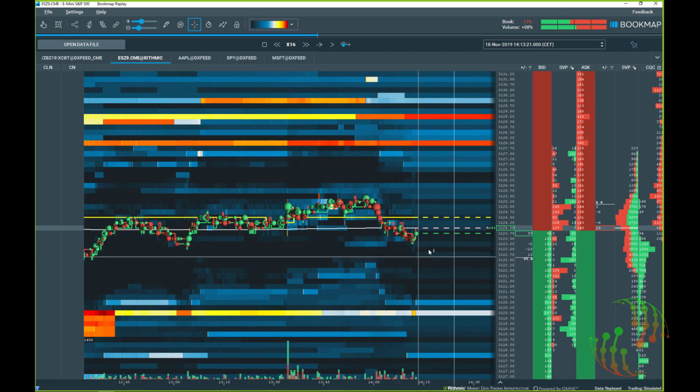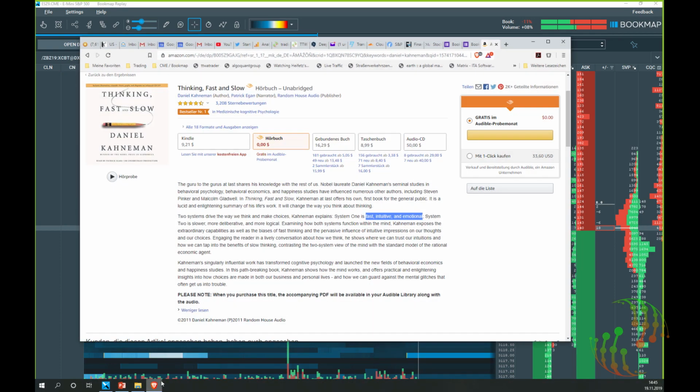So by that we have a signal line here, and once the price touches this line or this area, I have to sell because this is the signal. I have to sell. This is what Kahneman describes here. This is the System 1 in us and every human being.